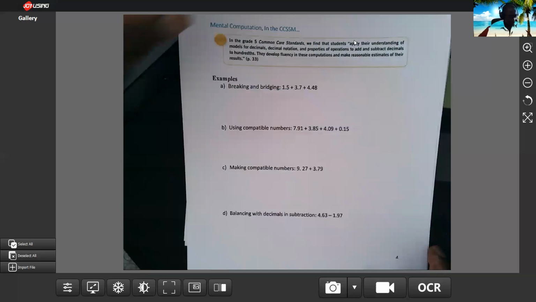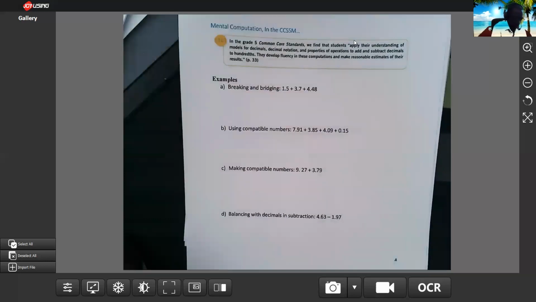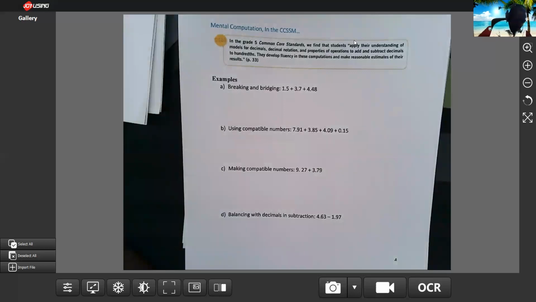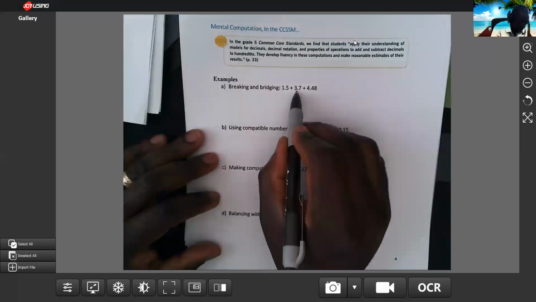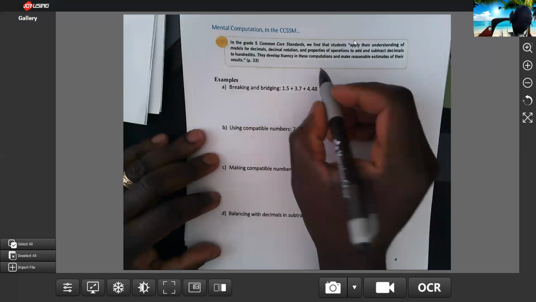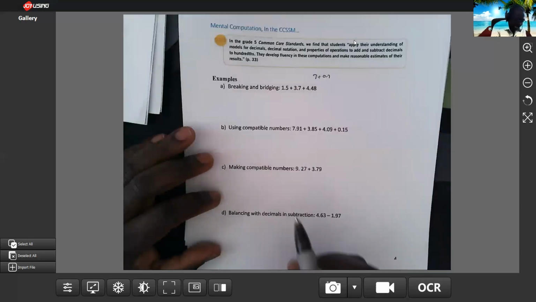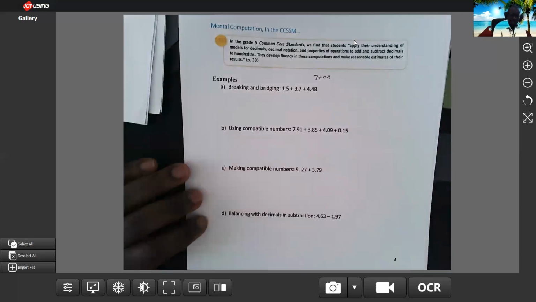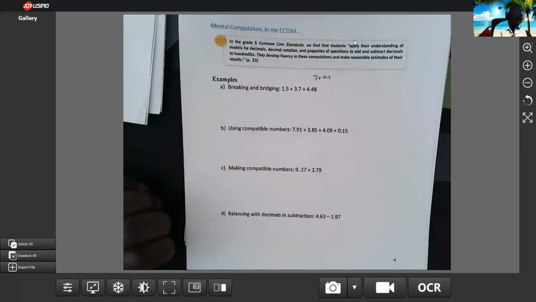Okay, so in your mind, you are looking at, if I have 1.5 and then I'm adding 3.7, maybe I can break the 3.7 and make it 3 plus 0.7, and add the 3 to 1.5, because if I add 3 to 1.5, that would just be 4.5.